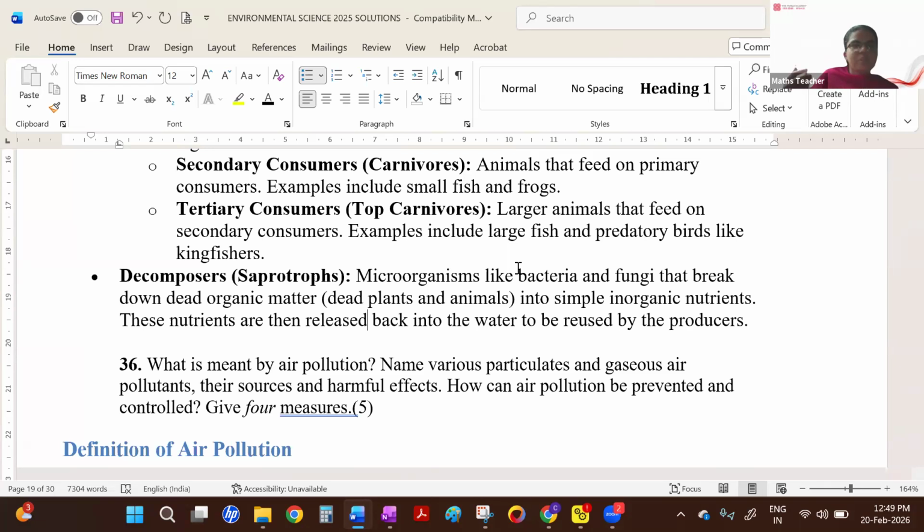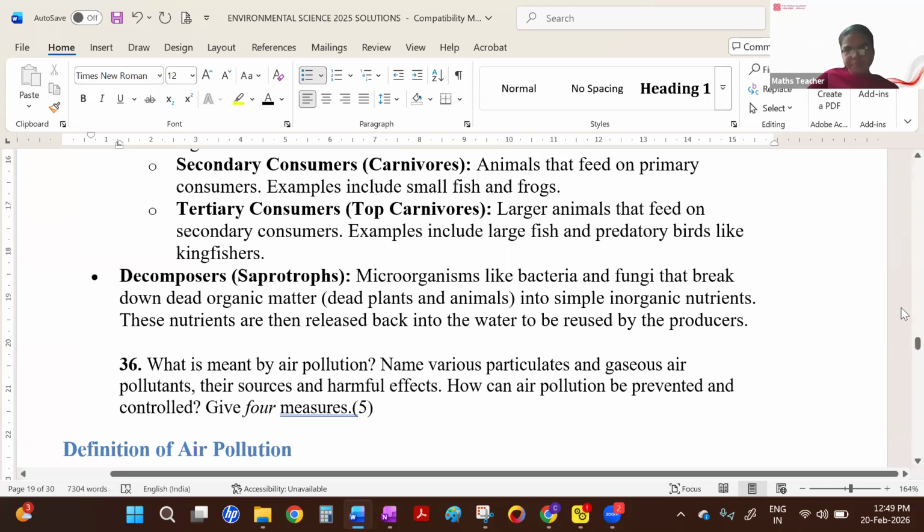Whenever an organism dies, these decomposers will act on the body of the organism and completely break it down into its basic constituents, like nitrogen and all of the basic elements. So that is the main function performed by decomposers. Dead organic matter is broken down into simple inorganic nutrients.